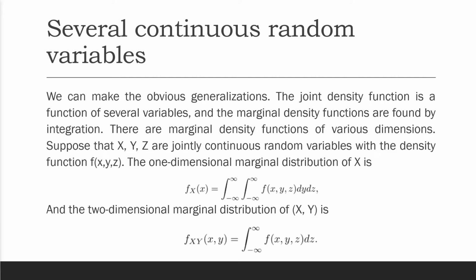The one-dimensional marginal distribution of x is f of x in relation to x, equal to the integral from negative infinity to infinity of the integral of f of x, y, z dy dz from negative infinity to infinity. And the two-dimensional marginal distribution of (x, y) is f of x, y in relation to (x, y), equal to the integral of f of x, y, z dz from negative infinity to infinity.